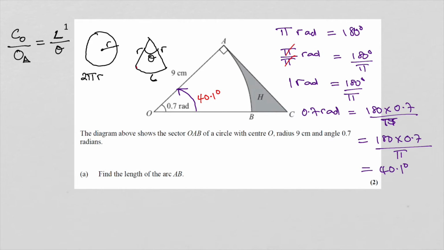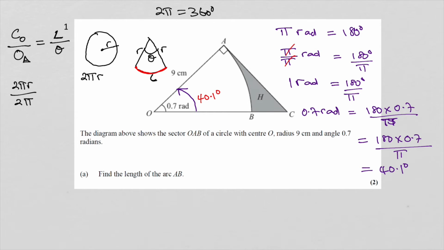So this is the length of arc of a sector. Now to write this out, the circumference of a circle is 2 pi r divided by the angle of a circle, which is 2 pi. Because remember, 2 pi equals 360 degrees. So the angle of a circle is 360 degrees.